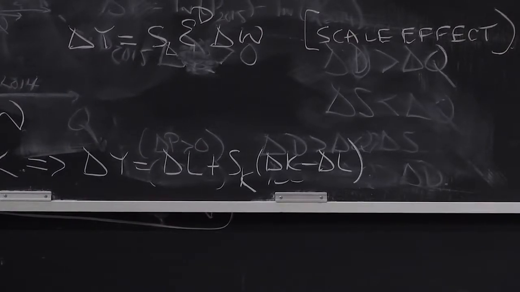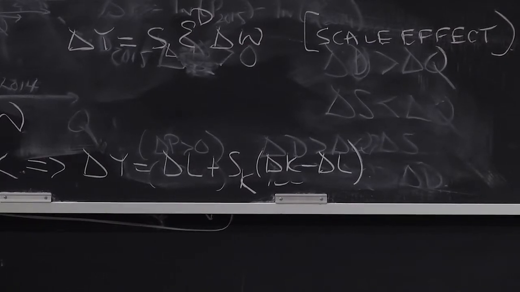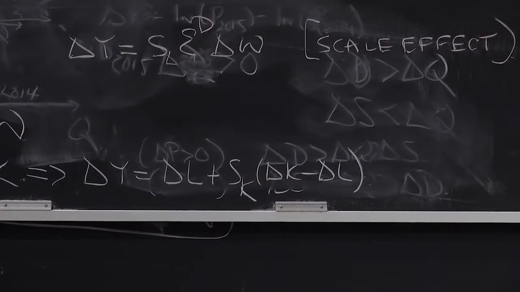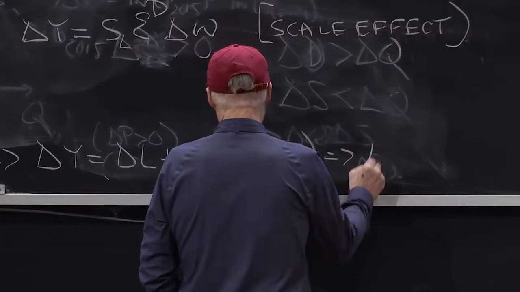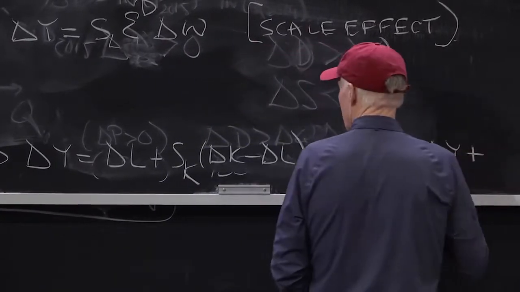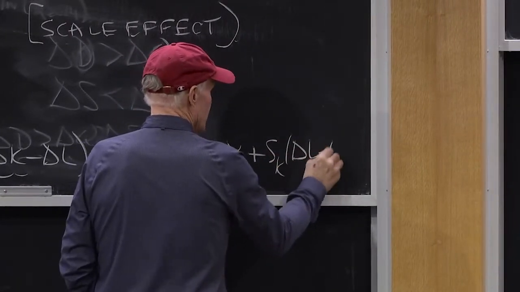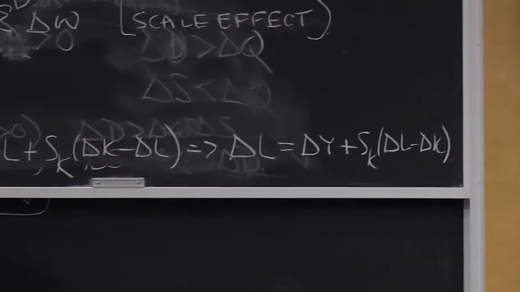Did I do that right? Right? People understand that equation? That implies delta L equals delta Y plus SK times delta L minus delta K. I think I did that right. Did I do that right, Casey?